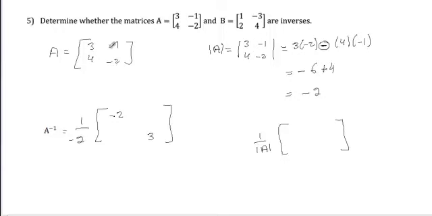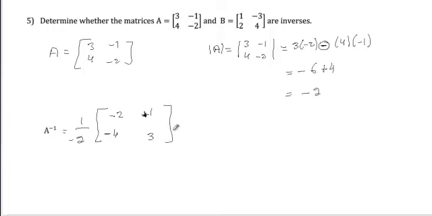With respect to 4 and minus 1, we leave them in place, but we change their signs. What do I mean by that? 4 becomes minus 4, and minus 1 becomes plus 1. Whatever the sign is, we change it. If it's minus, we make it plus. If it's plus, we make it minus. So here we have minus 1, we put plus 1. We have plus 4, so it becomes minus 4.